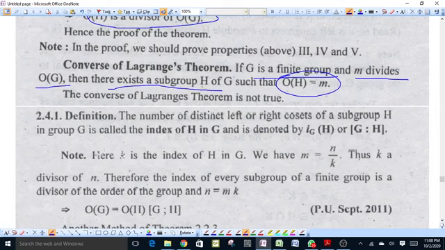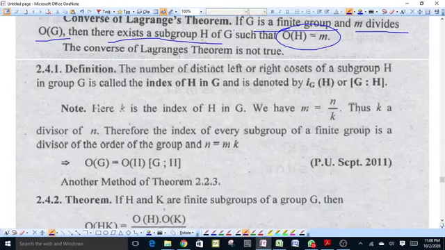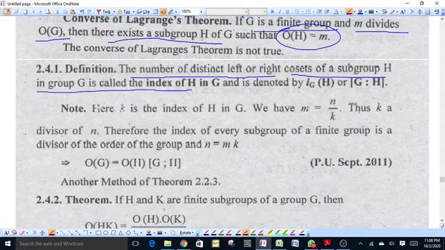Now, what is the index of a subgroup H in G? The number of distinct left or right cosets of subgroup H in G is called the index of H in G and is denoted by i_G(H) or [G : H].